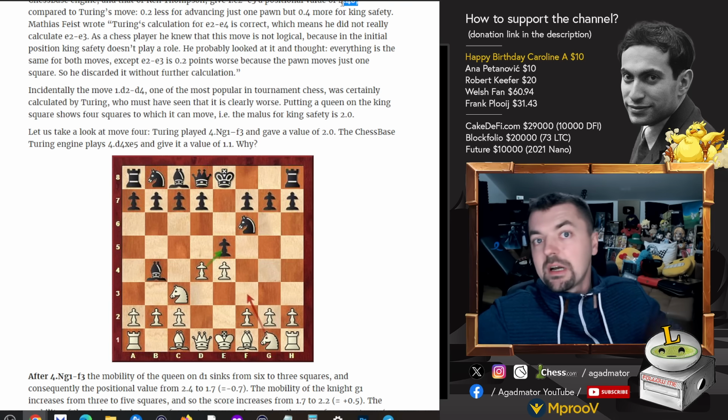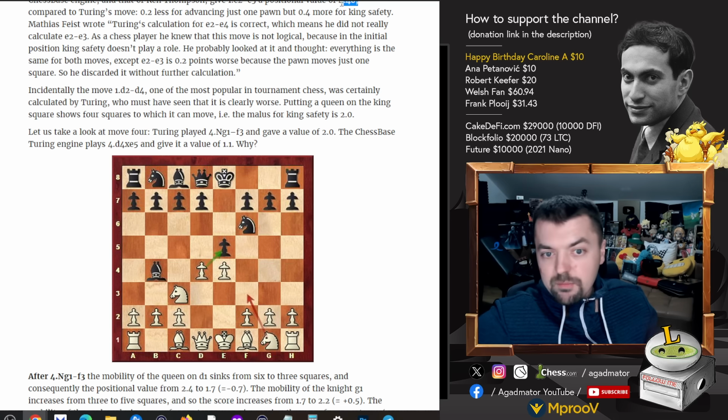He just, I guess, assumed e4 was superior to e3, and it probably, and I mean it is, only his algorithm, as crude as it was, that thought e3 was better. So comparing to Turing's move, 0.2 less for advancing just one pawn, but 0.4 more for king safety. Matthias Feist wrote, Turing's calculations for e2, e4 is correct, which means he did not really calculate 1 e3.